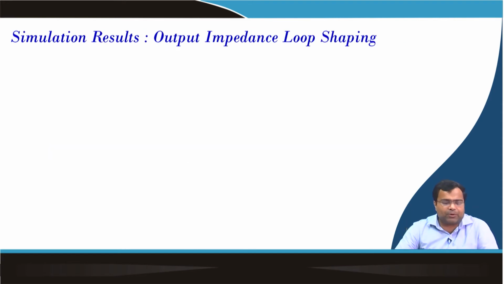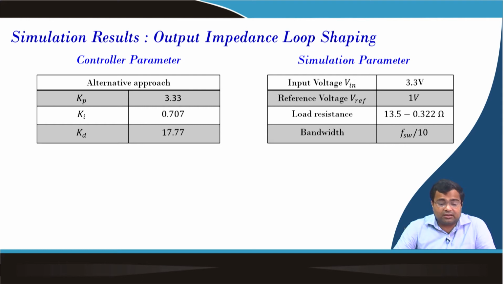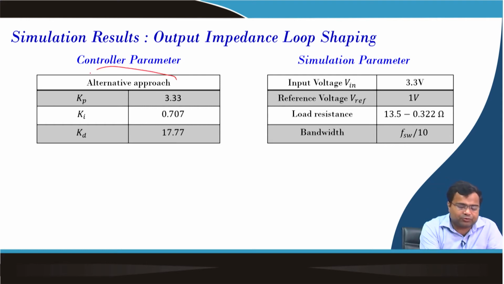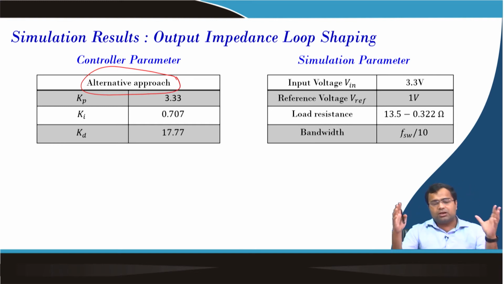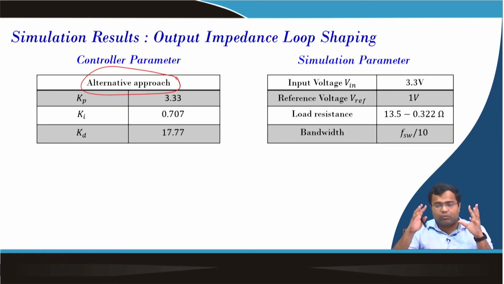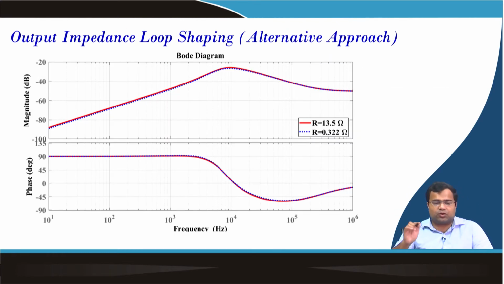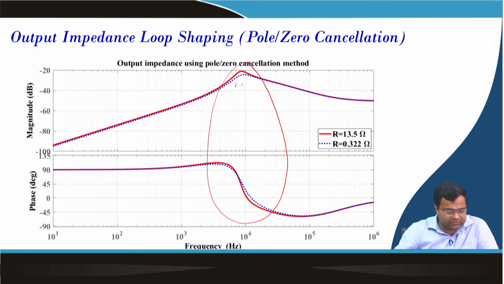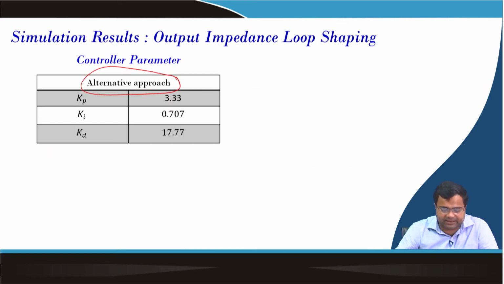But this is the case where we are talking about the alternative approach, where we are not cancelling the stable pole-zero. That means this is a more robust approach, and we want to show that the output impedance is well damped. Not only that, if you go back to the earlier slide, there is a phase roll up from 90 degrees to almost less than minus 40 or 45 degrees.